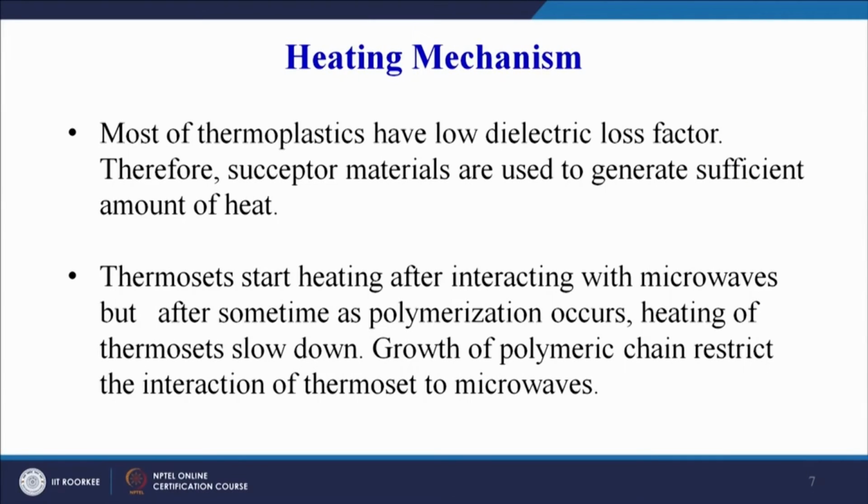So therefore this technique has the potential and can be used, and must be used, for joining of thermoplastic based composites. Now the heating mechanism I have already explained, this is just in continuation. In most thermoplastics, a low dielectric loss factor is noticed. Therefore susceptor materials are used to generate a sufficient amount of heat.